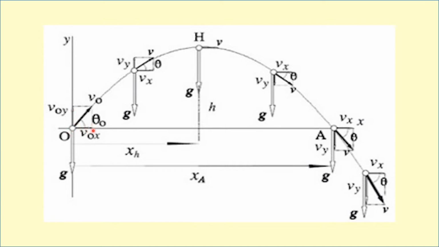It is labeled here as v sub 0x, or v naught x, directed to the right, while the y component is labeled v sub 0y, or v naught y, directed upward. All right? So this is the initial position.